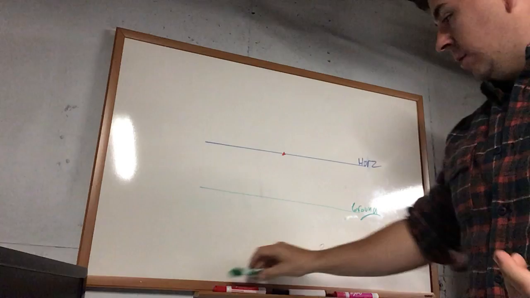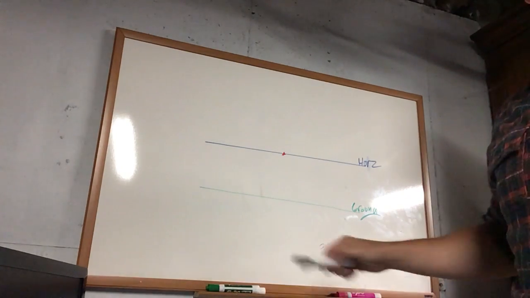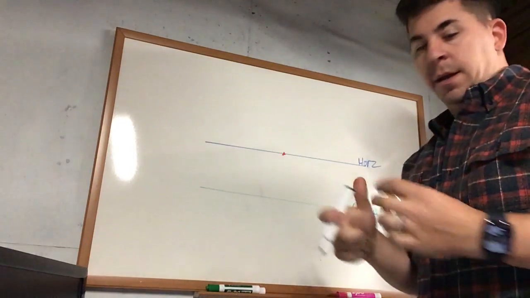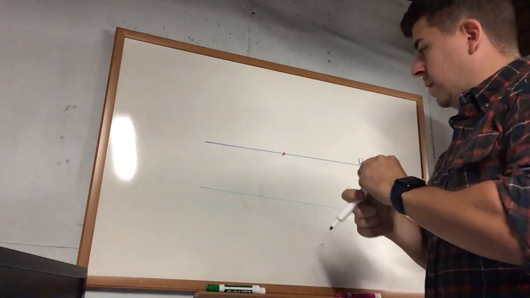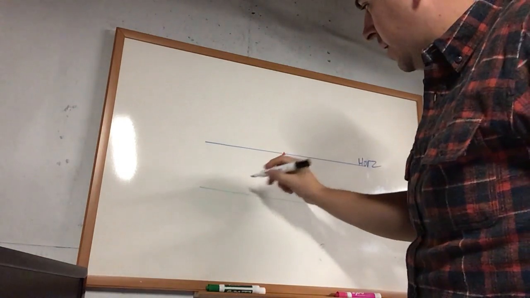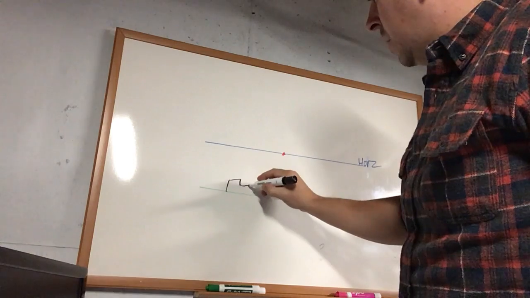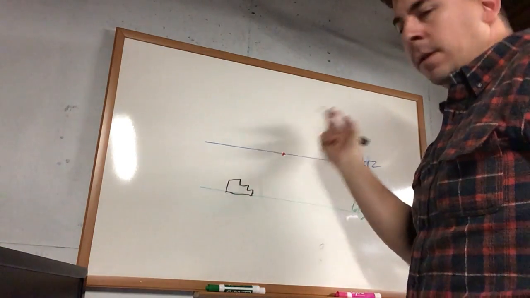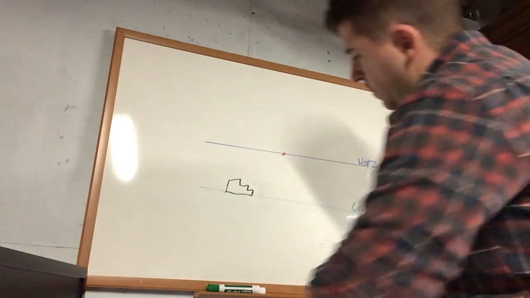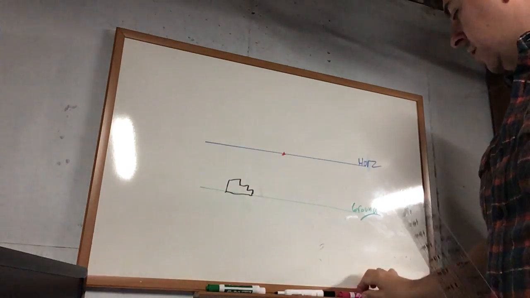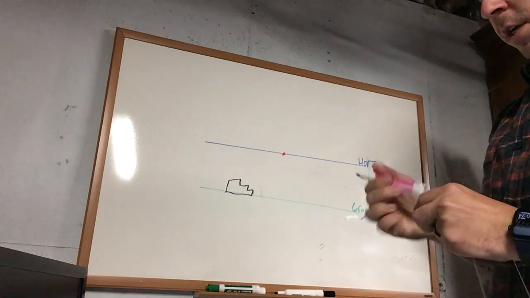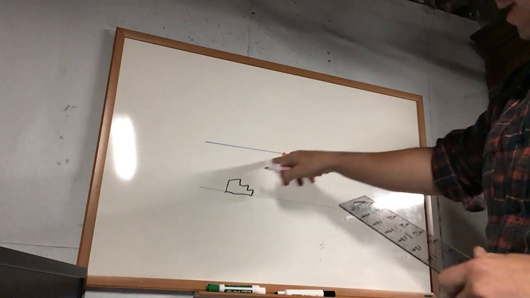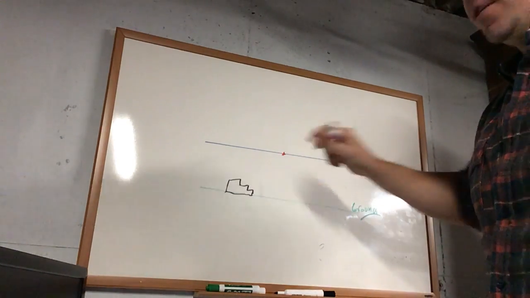Then we have to draw our object. So we'll just draw, I don't know, a little staircase over here or something. Maybe an ancient pyramid, like the Aztecs built. Then we're going to draw lines from our object to our vanishing point.